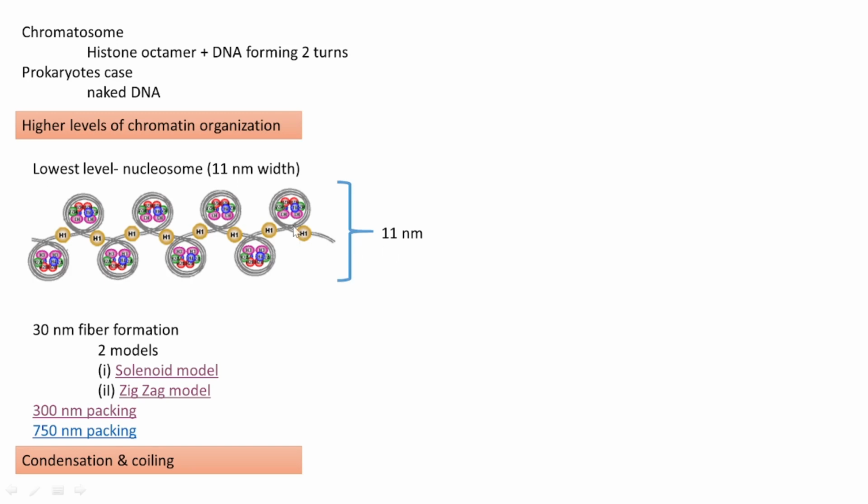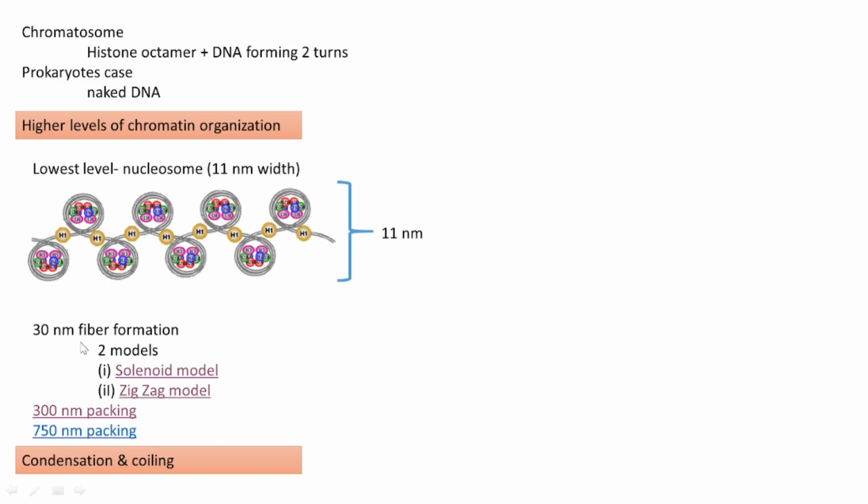Again it undergoes another way of organization or compaction and enters the next level of chromatin organization, that is the 30 nanometer fiber. After that level of compaction, it becomes a 30 nanometer fiber.